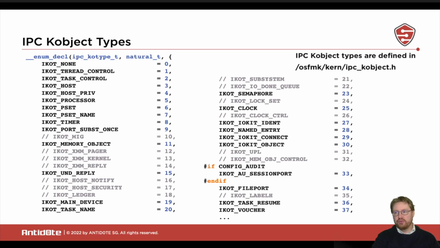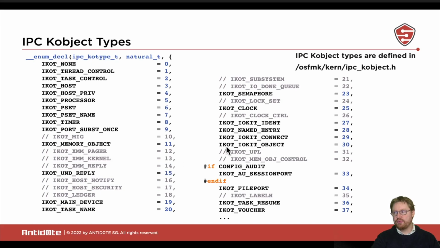And also usually when you look at the type, it will give away what a port internally looks like, the structure. For example, when it's a thread control port or a task control port, then the kobject pointer will point to a struct thread or a struct task. In this case here, it will point to a struct host, and so on.